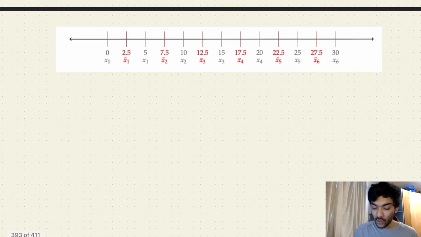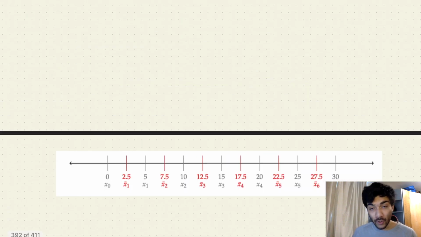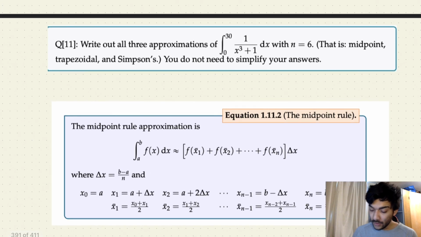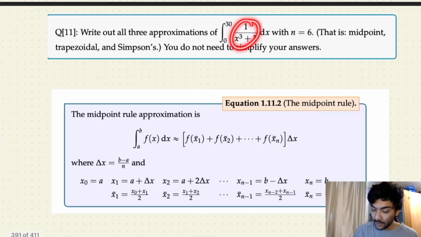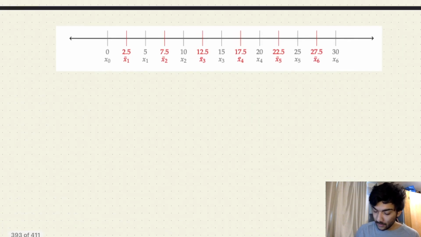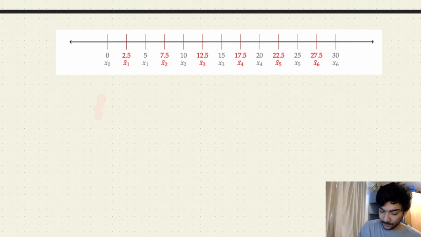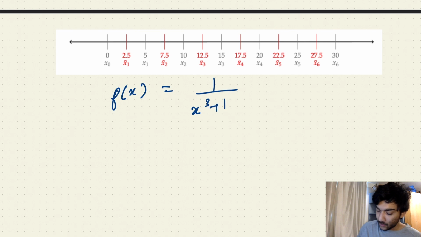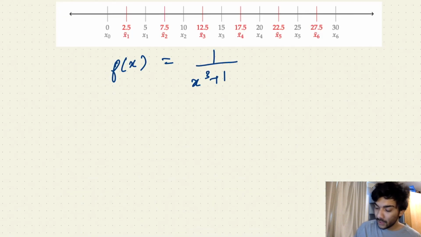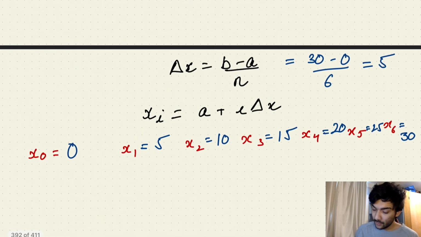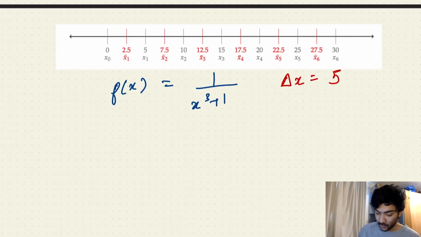So now if we want to calculate the midpoint rule approximation, we know f of x in this case is 1 upon x cubed plus 1. And we know about our other variables as well. Delta x is 5, that we calculated over here.